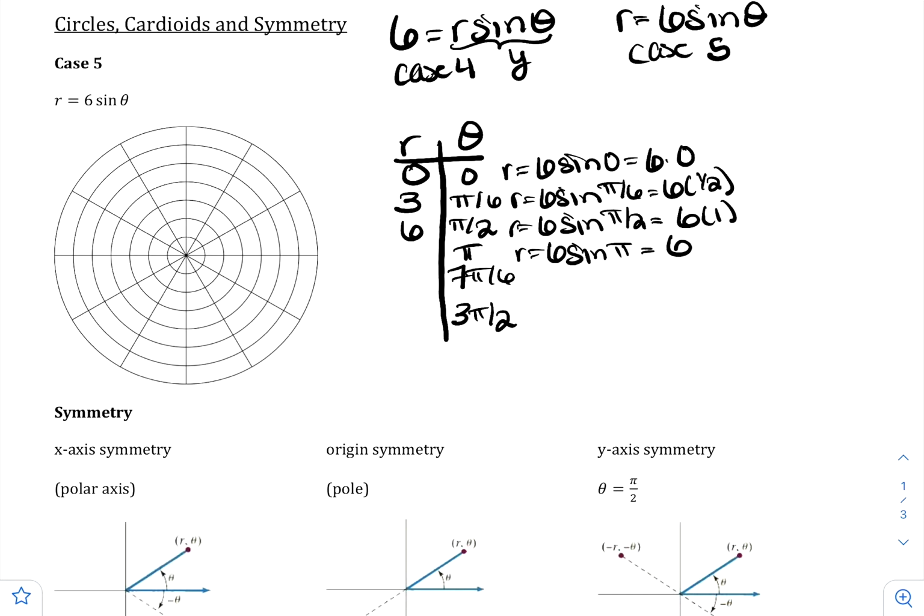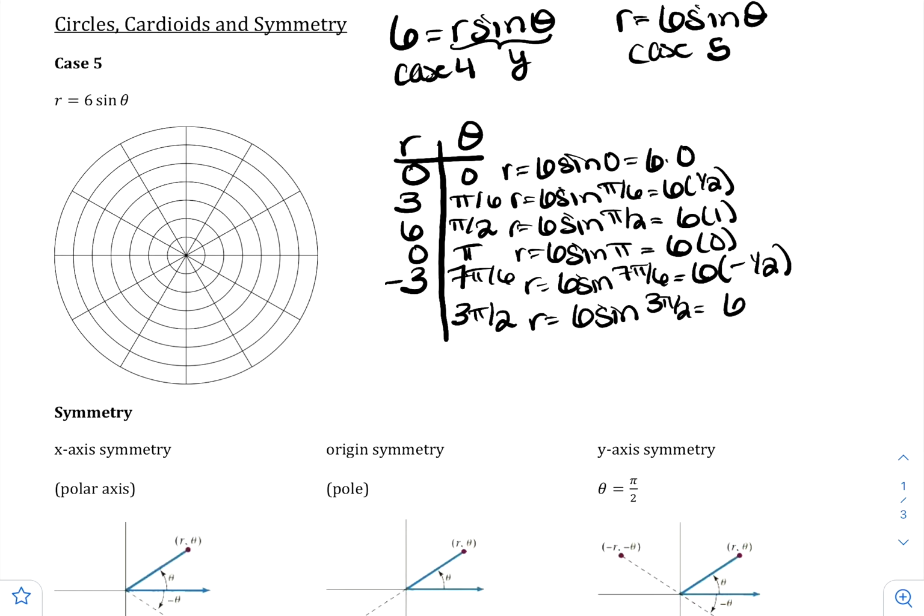The sine of pi is 0, so 6 times 0 is 0. Then r is equal to 6 sine of 7 pi over 6. 7 pi over 6 is in quadrant 3, so it's going to be negative 1/2, which will give us negative 3. And last but not least, 6 sine of 3 pi over 2. 3 pi over 2 is negative 1 for sine, so this is going to be negative 6. So I just plugged in, evaluated sine, and then found r.